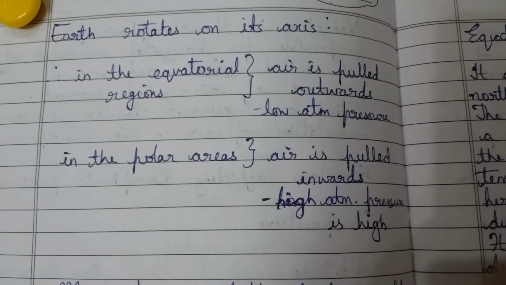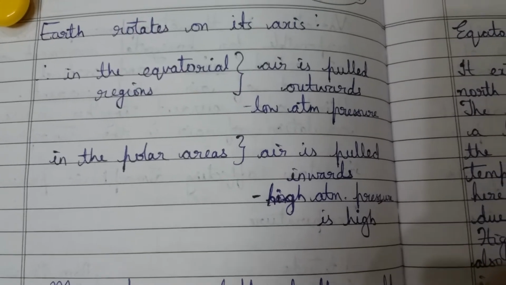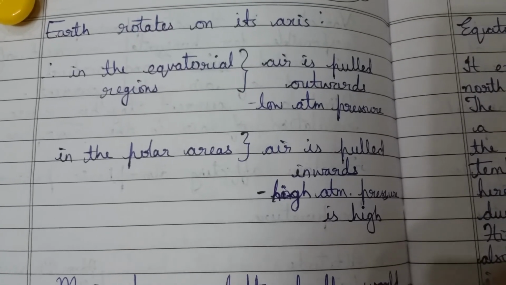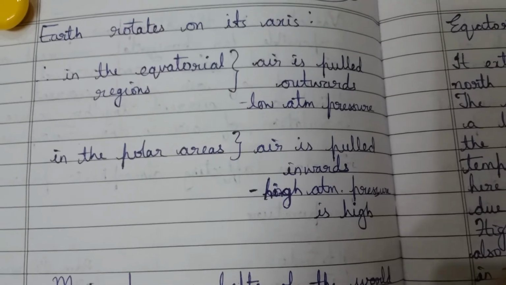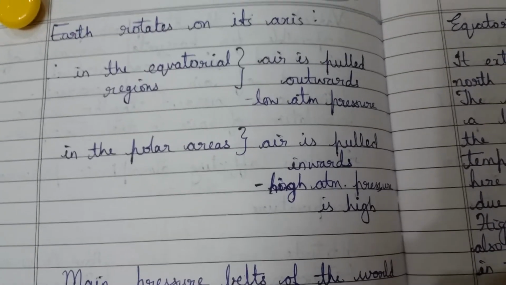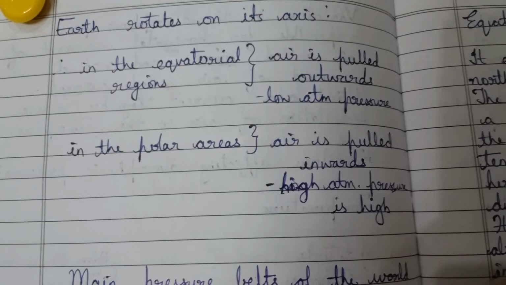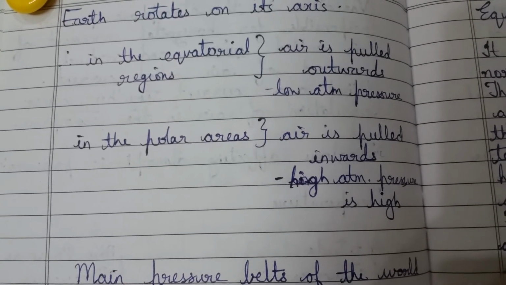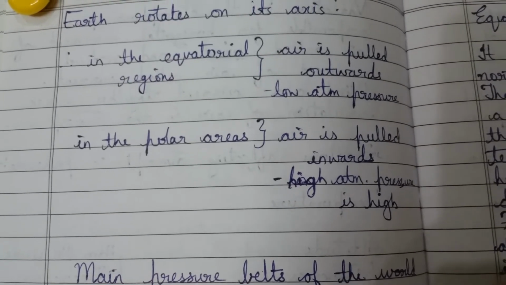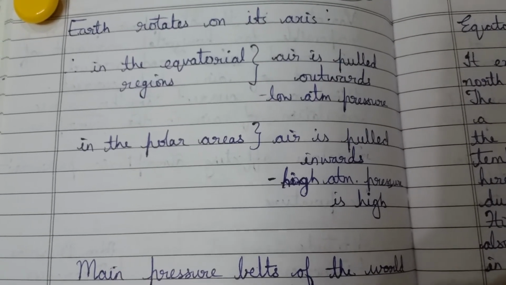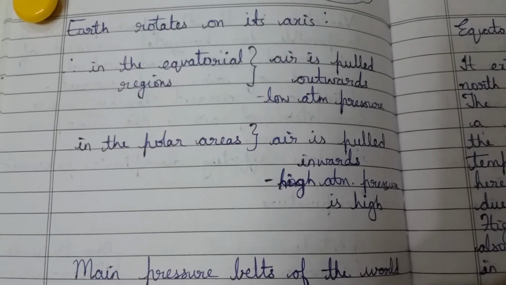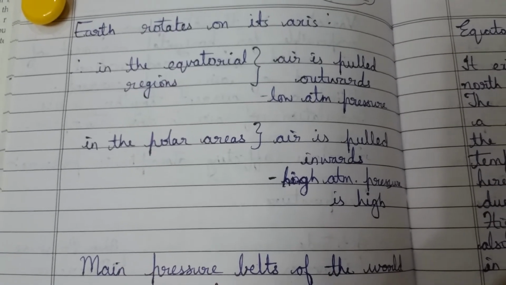Therefore, in the equatorial regions, air is pulled outwards, so low atmospheric pressure is experienced. Whereas in the polar areas, near the poles, air is pulled inwards. So there the atmospheric pressure is high.